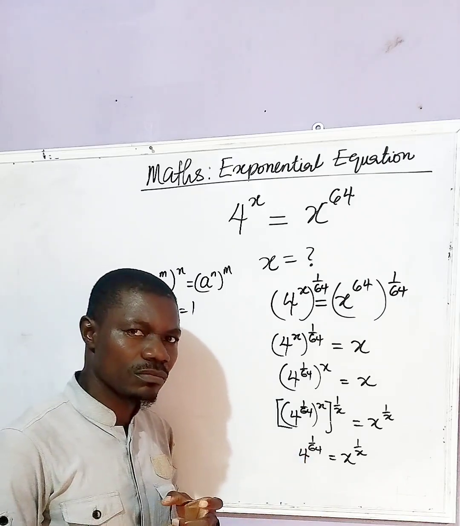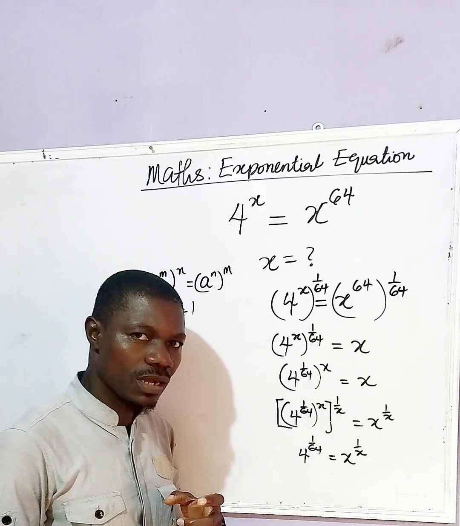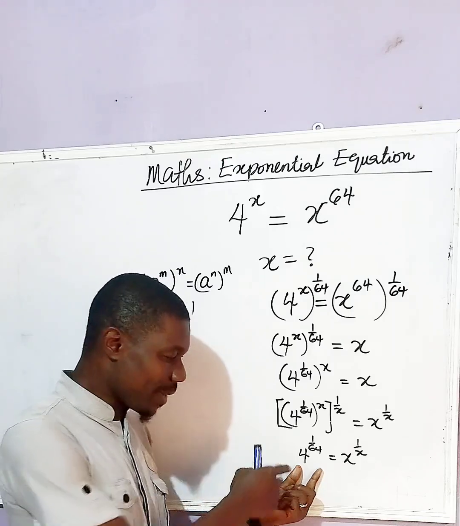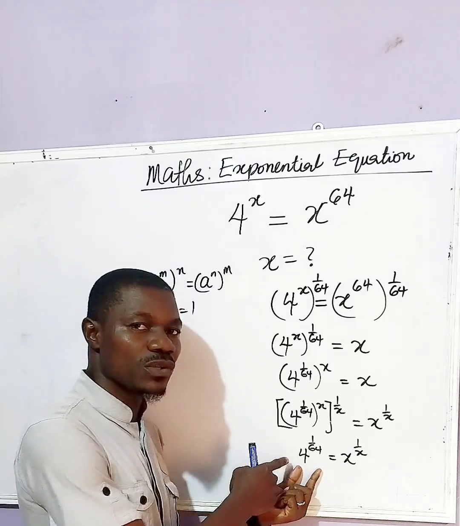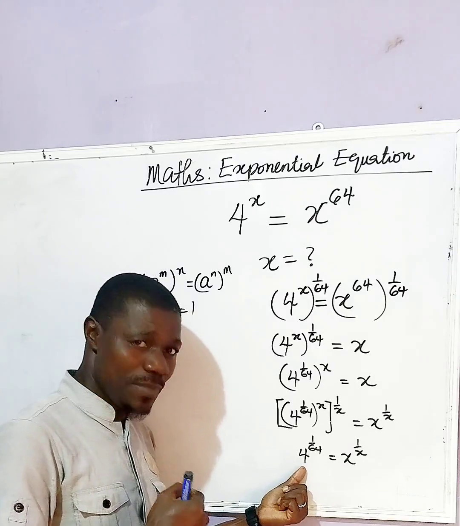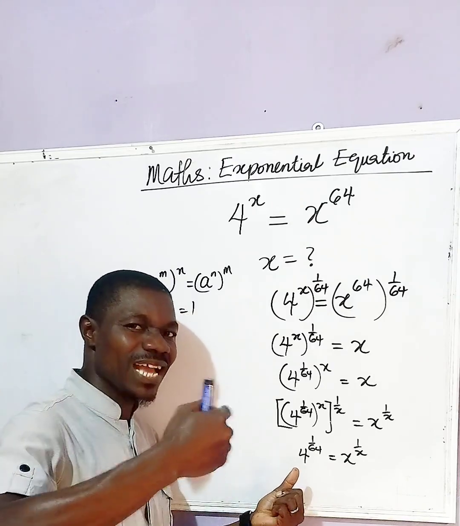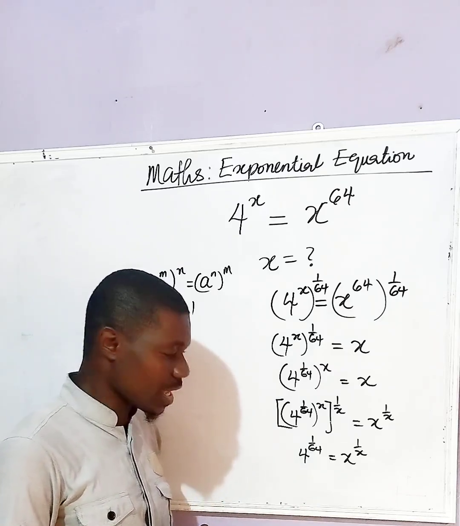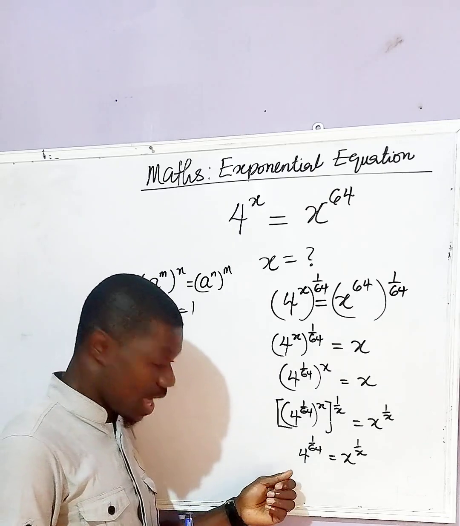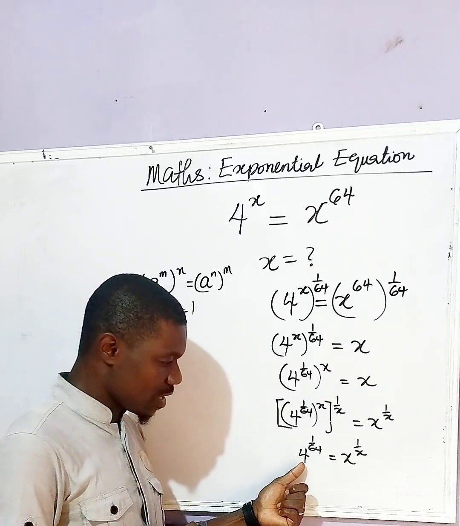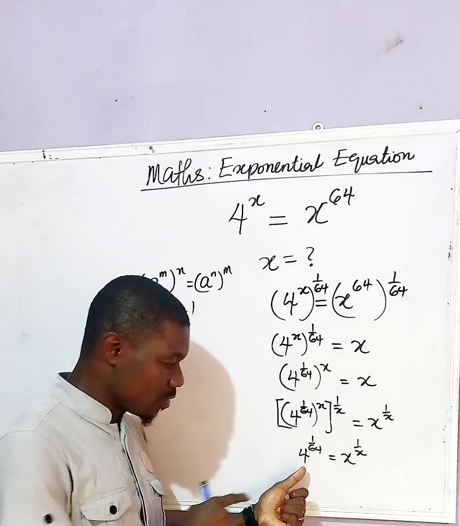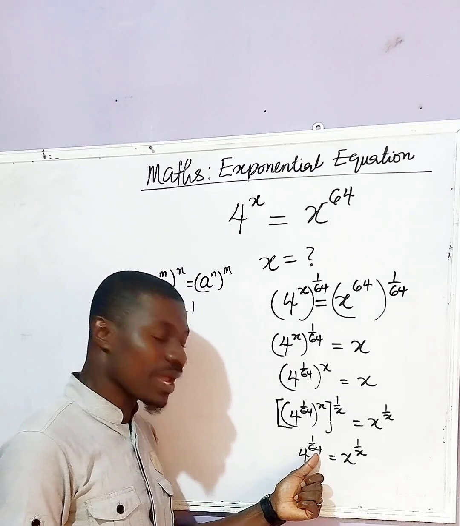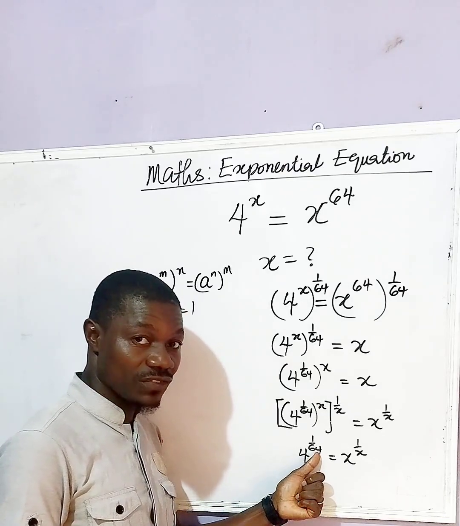Now let's come up with a number which we can apply at the left hand side of the equation for us to have the same base and its exponent as a reciprocal. How do we go about that? I thought of something: one same number will raise 4, and that same number will multiply 64.